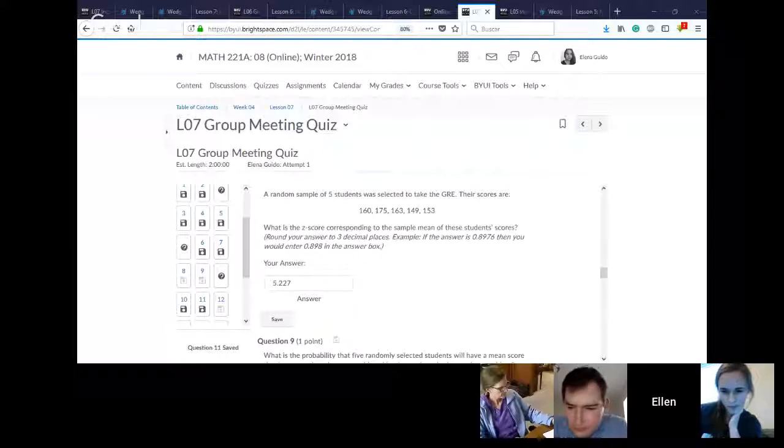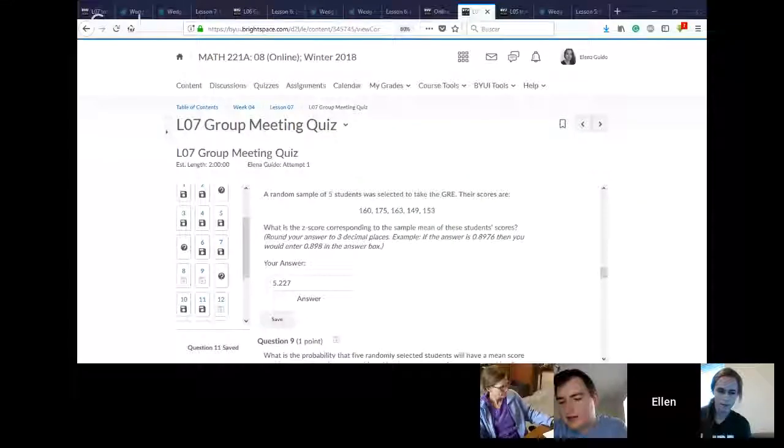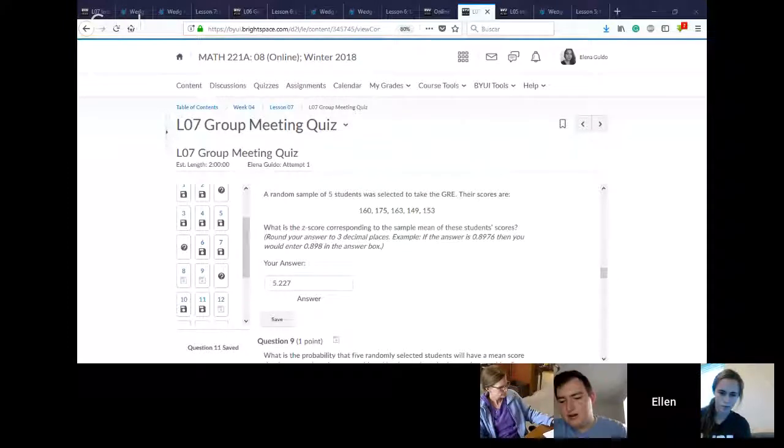So you first calculated the sample mean, and then step number 2 was what? The first step was to find the sample mean of those 5 numbers, and then plug that number in as the value into the formula, the value minus the mean over the standard deviation. The value is the sample mean.